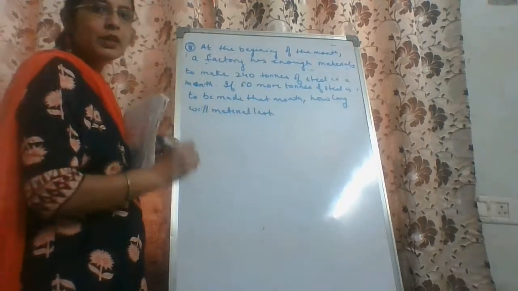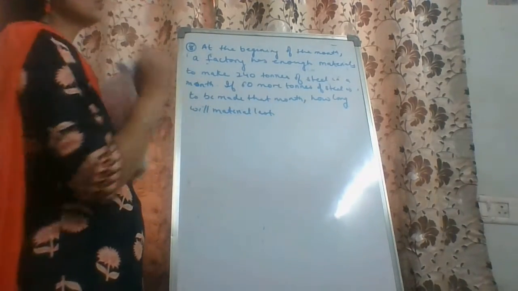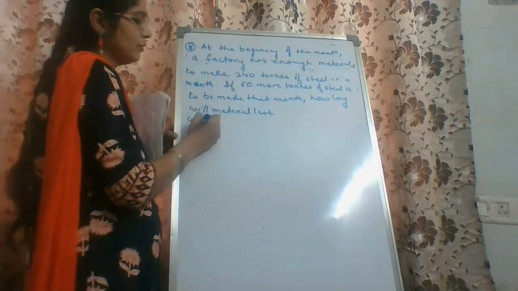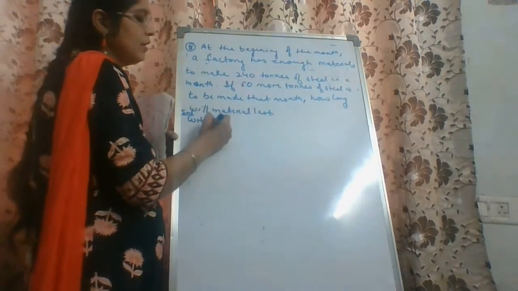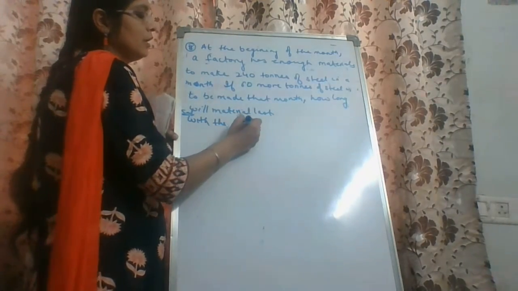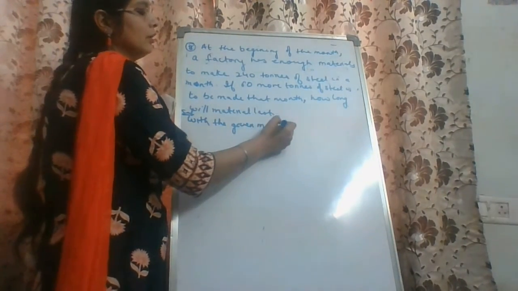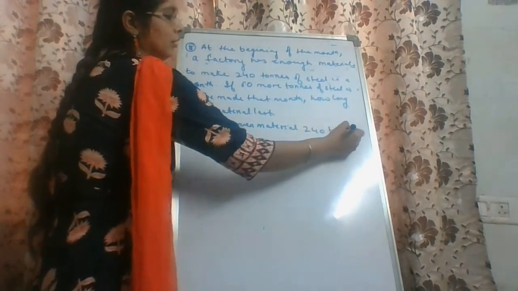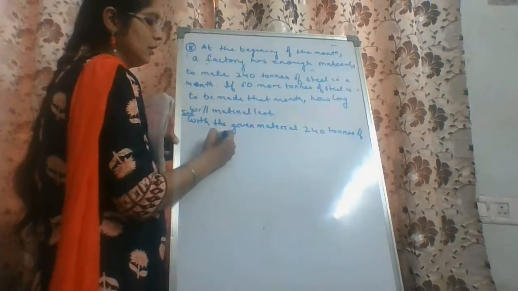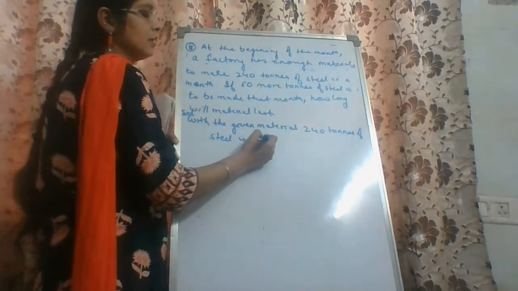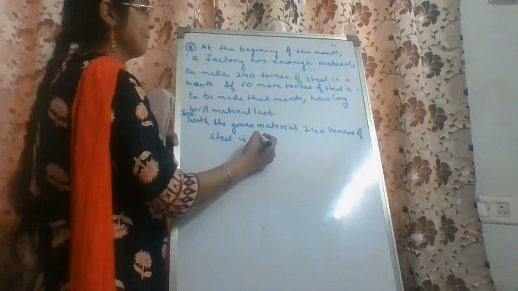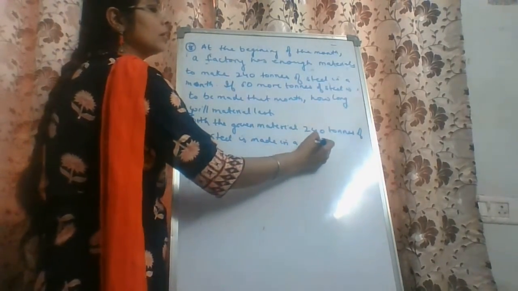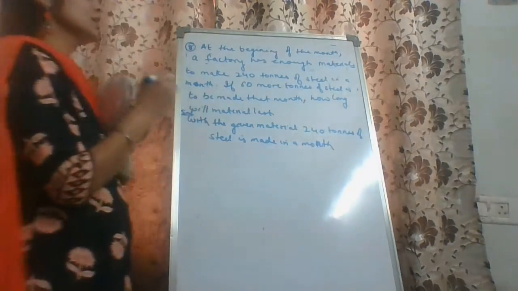That means with a given amount of material, 240 tons of steel is made in a month.